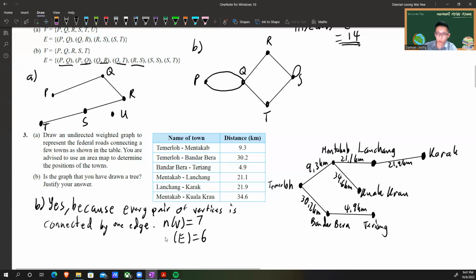Yeah, which shows number of edges is your number of vertices minus 1. This shows that it's a tree as well. All right. So yeah, if I have, let's say, one edge like this, then it's no longer a tree. If I have one edge like this, then it's no longer a tree. Okay, because then it forms a big loop.